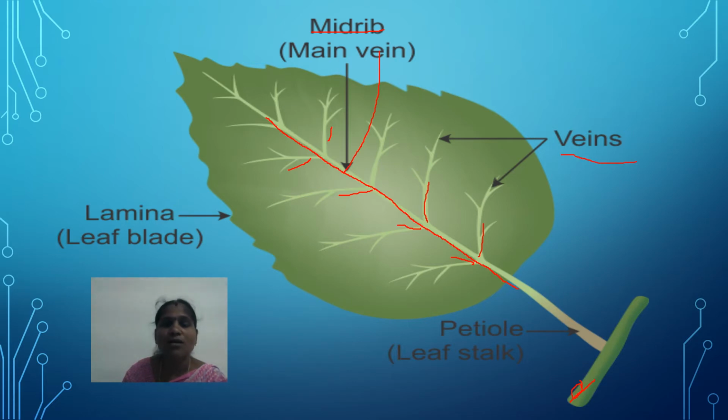This flat and broad part we call the leaf blade or lamina. So try to draw this leaf structure and label the parts in the classwork while you are writing.